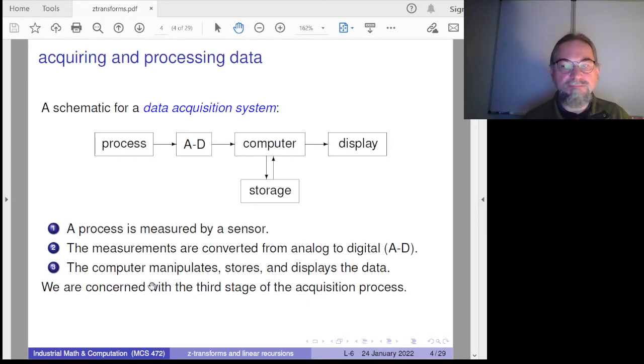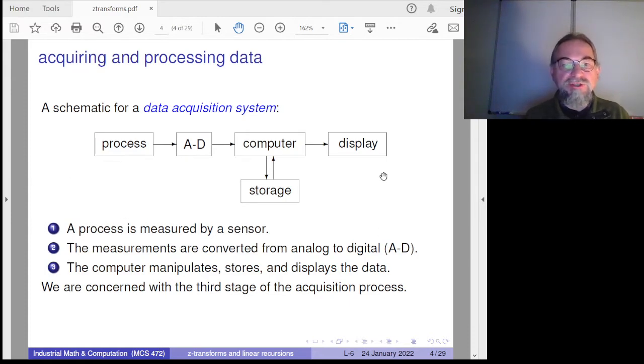So let's see how linear recursions arise. The setup is that we have some process. There is a sensor attached to this. The data that comes from the sensor is analog and gets converted into a digital format and then given as input to the computer.